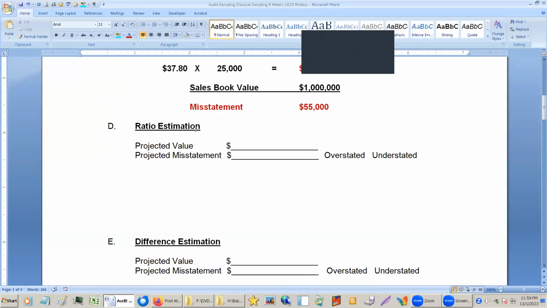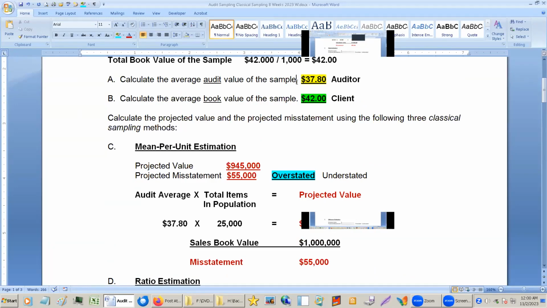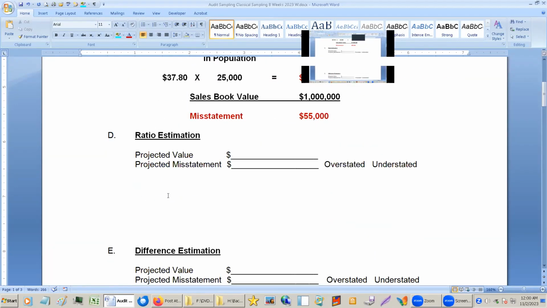So what we're going to do is take a ratio of the audit value over the book value.